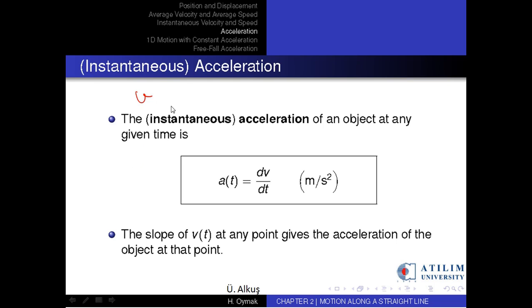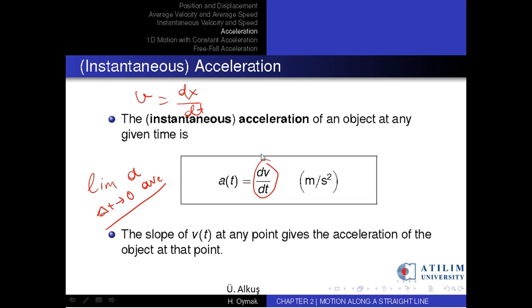As we did in defining instantaneous velocity, we define the instantaneous acceleration of an object at any given time as the limit as delta t goes to 0 of the average acceleration. Then the result is dv over dt.